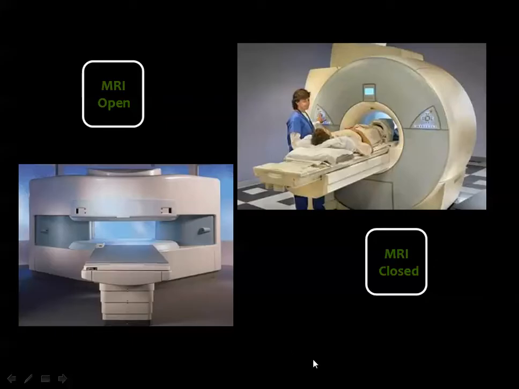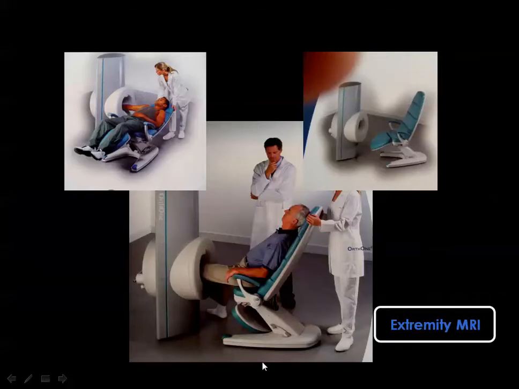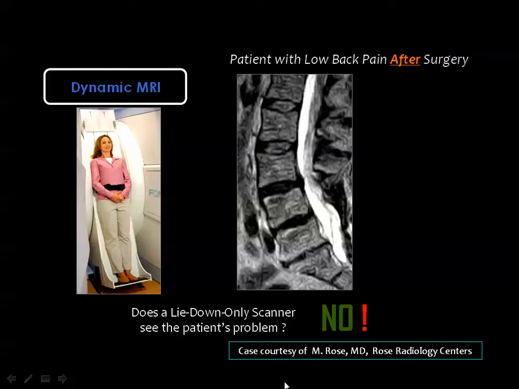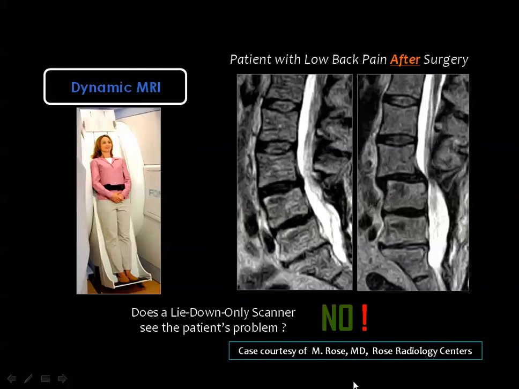And you know, we have different machines: the closed magnet, the open magnet, the extremity magnet, which is not good for the spine, of course, and the dynamic magnet, which is a very good machine for evaluation of the spine, pre and post-operative. I have explained this before. Any patient with surgery in the back may suffer some pain post-operatively, and if you examine the patient in the supine position, you may not be able to find the abnormality.